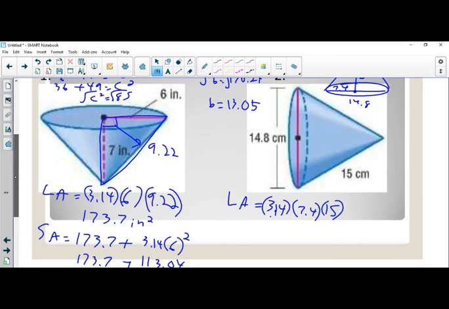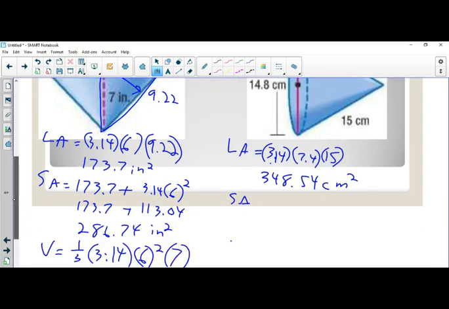Sorry, wrong one. Not that it's wrong, but be consistent. So we just straight multiply those: 3.14 times 7.4 times 15. And we get 348.54 centimeters squared.